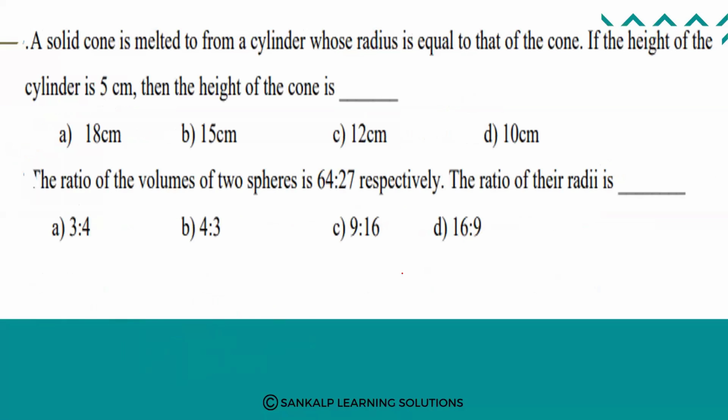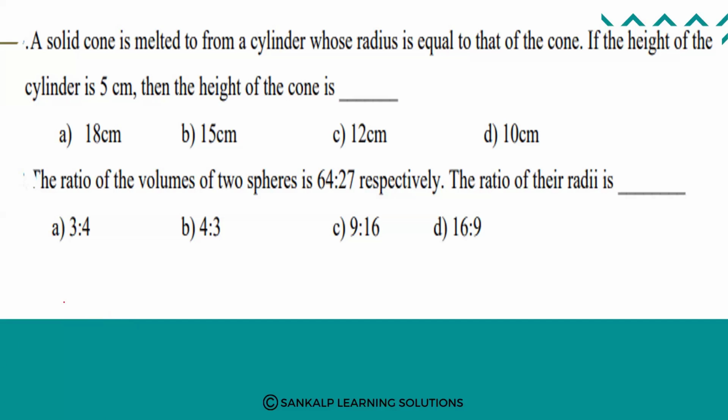Okay. Next, a solid cone is melted to form a cylinder whose radius is equal to that of the cone. If the height of the cylinder is 5 centimeter, then find the height of the cone. So here cone is melted to form a cylinder, right?